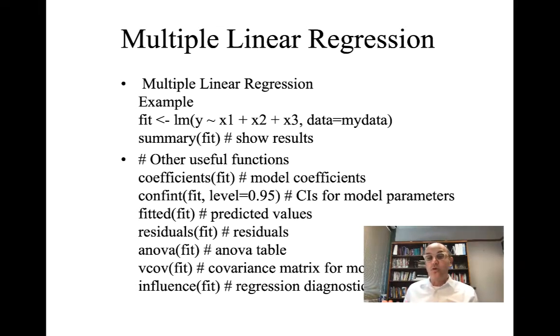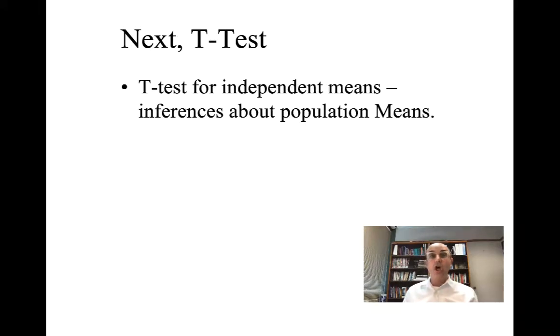I will ask for summary of fit, and it will show me what confidence level I have, what the fit is, and the predicted values. It will show me also the ANOVA table, the covariance matrix, and the influence with regression diagnostics. All of it is part of R.